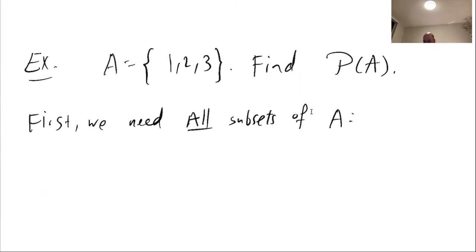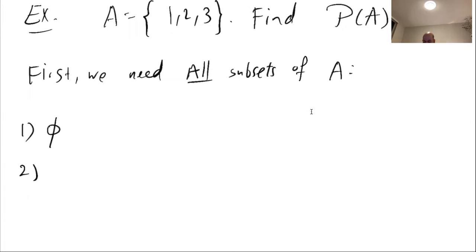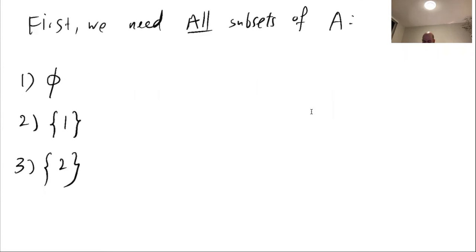So here they are. The first subset is phi, the empty set. We saw that phi, the empty set, is a subset of every set in the world. Therefore, it's also a subset of A. What else? Let's say, for example, the set containing only 1 is a subset of A. What else? Only 2. Only 3.